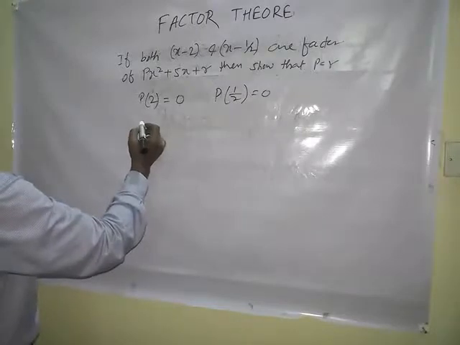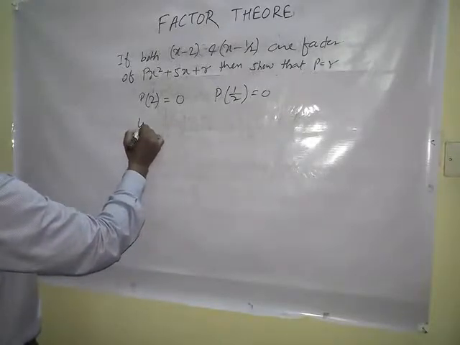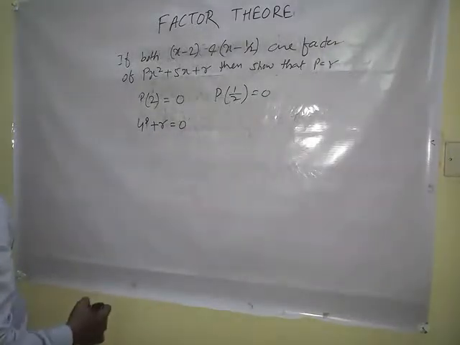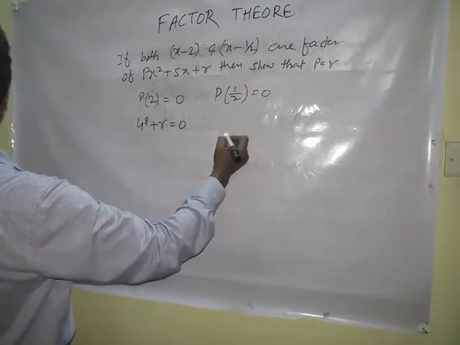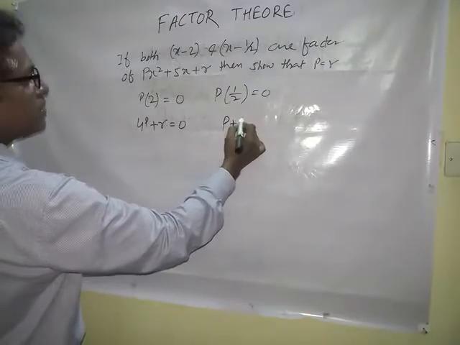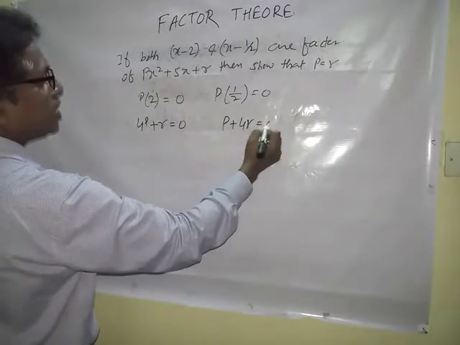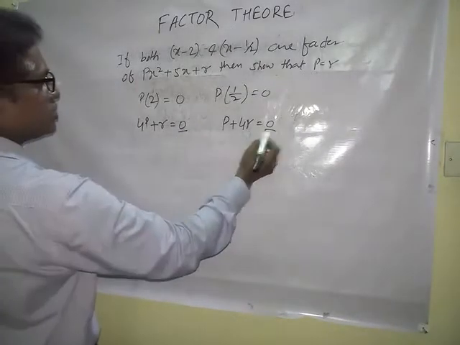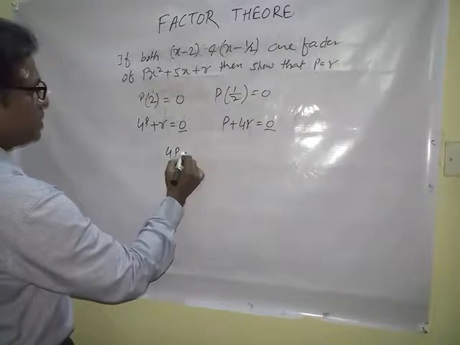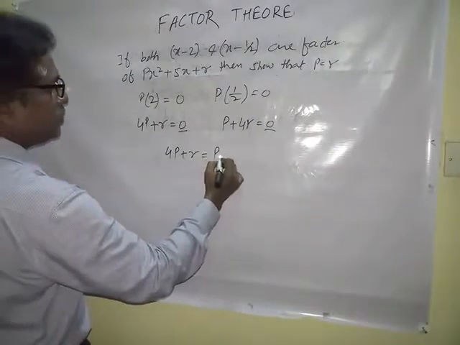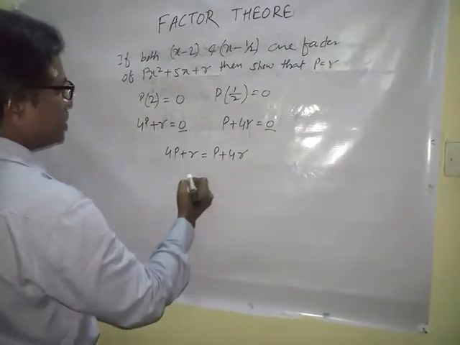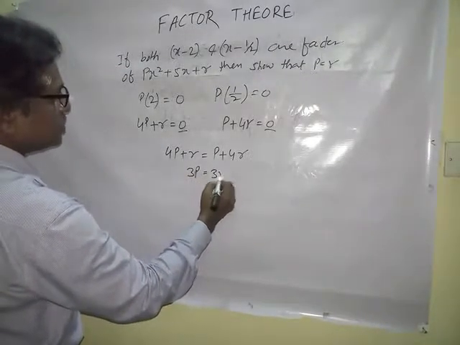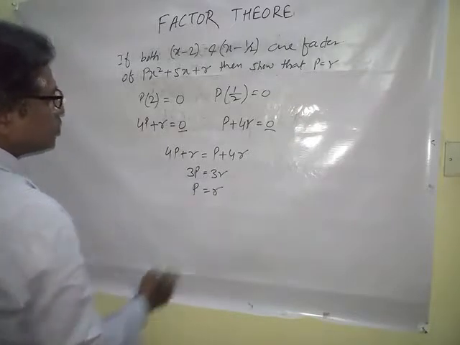With this equation, if you solve it, you will get 4p plus r is equal to 0, and with this equation you will get p plus 4r equal to 0. Now since this is 0, this is 0, so 4p plus r is equal to p plus 4r. Take p here, r here. 3p is equal to 3r, hence p is equal to r.